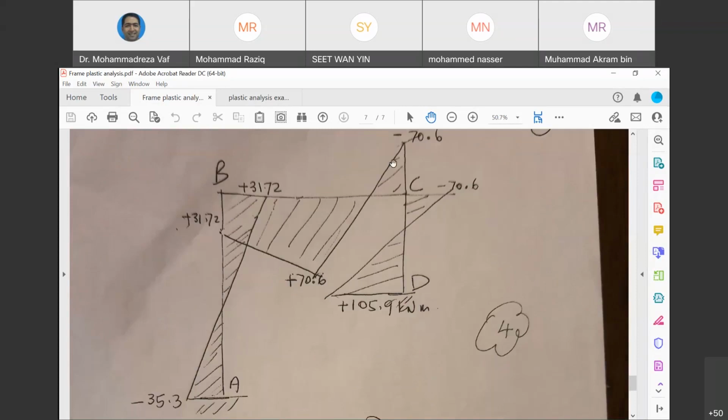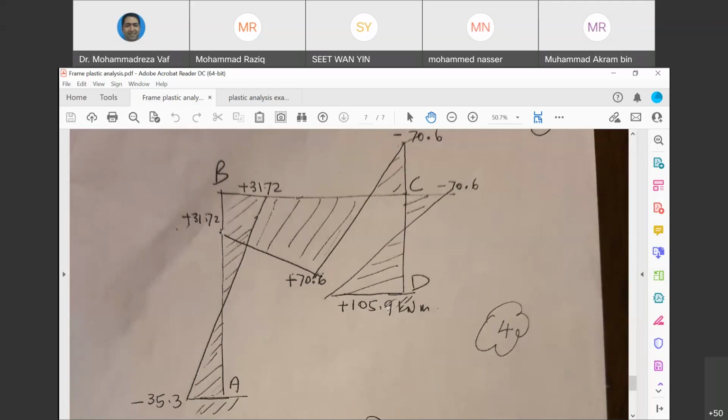And this is going to be the diagram for the bending moment. So you can see, in order to solve the problem, first we determine the possible collapse mechanisms, and after that we calculated for each collapse mechanism how much is the Mp. After that we compared them and we selected the largest Mp as the critical one.